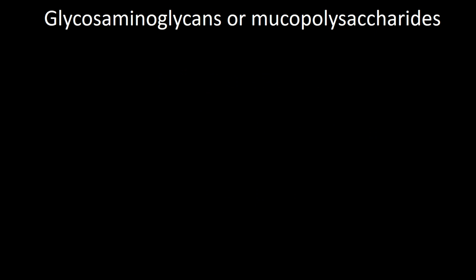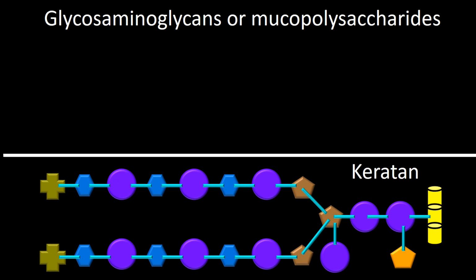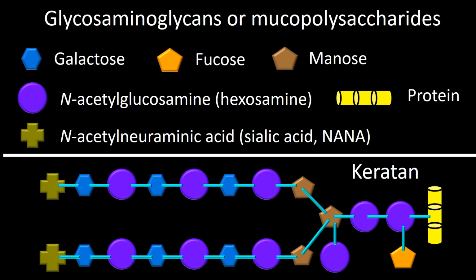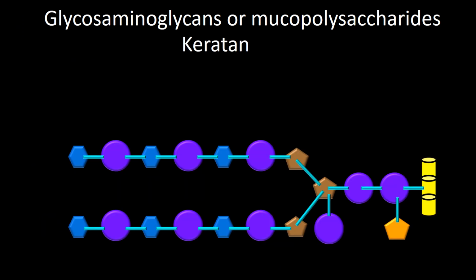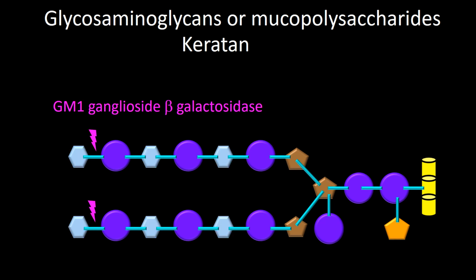This enzyme is also involved in the catabolism of mucopolysaccharides, specifically in the catabolism of keratan. In this frame, I have introduced the elements involved in forming keratan and keratan unit. Notice that galactose also attaches to hexosamine in this compound. Hence, in keratan, once NANA is removed, GM1 ganglioside beta-galactosidase acts in the bond made by galactose and hexosamine, and as it does in the metabolism of gangliosides, splits the galactose.